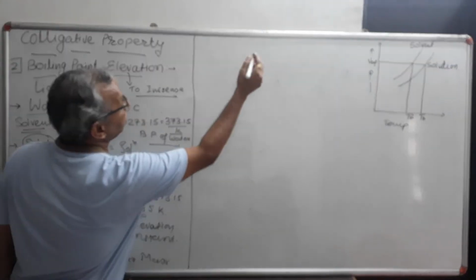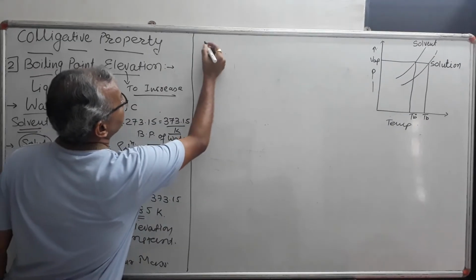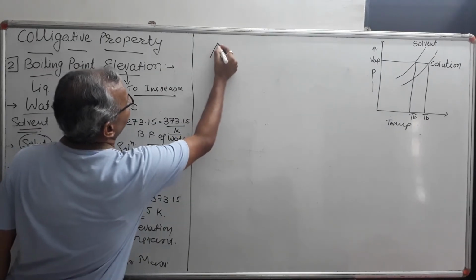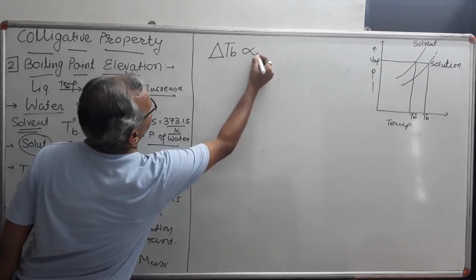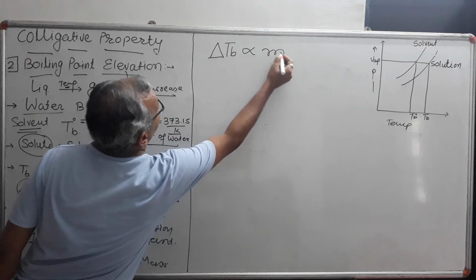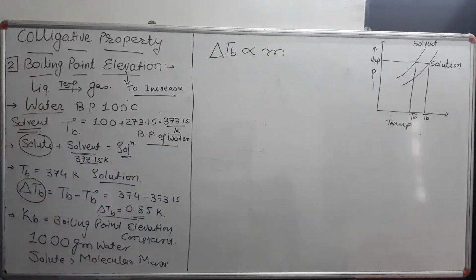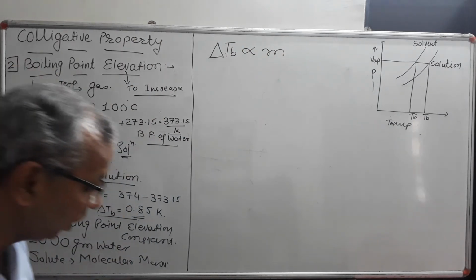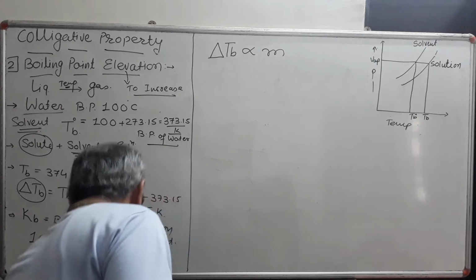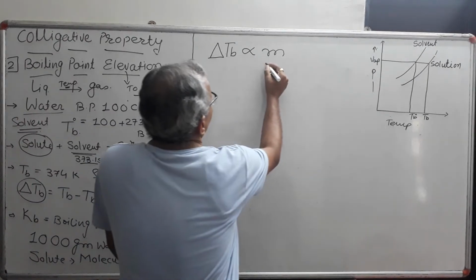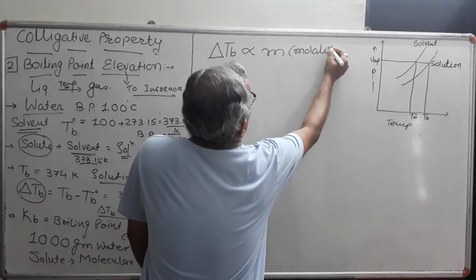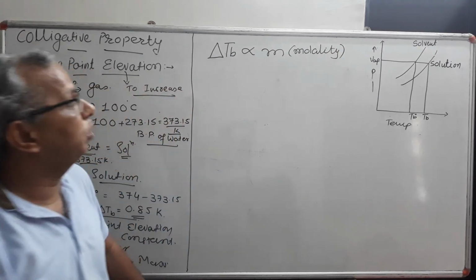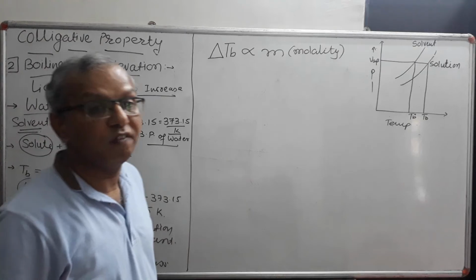So friends, experimentally it is proved that delta Tb, the boiling point elevation, is directly proportional to m. m means molality here. Molality you learned in the initial part of the chapter, it is a type of concentration.